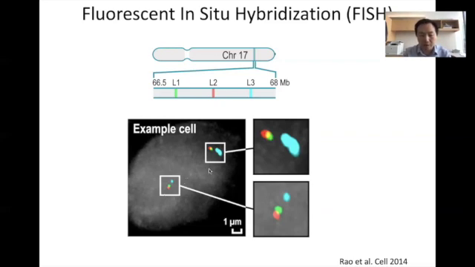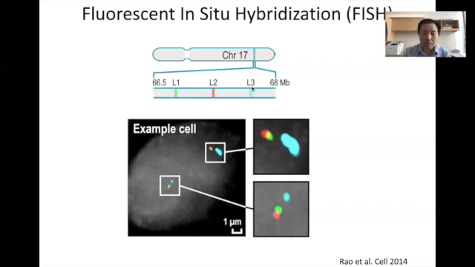In this case, you can see the red and green dots located close to each other, meaning they are really close in 3D space. But this light blue-ish color, although it has the same genomic distance, is located pretty far away from the red and green spots, meaning the chromatin interaction or looping is only between L1 and L2, and L3 is pretty far away.